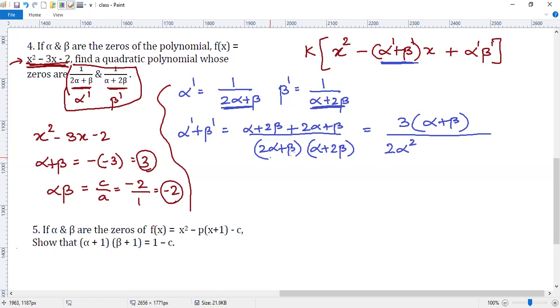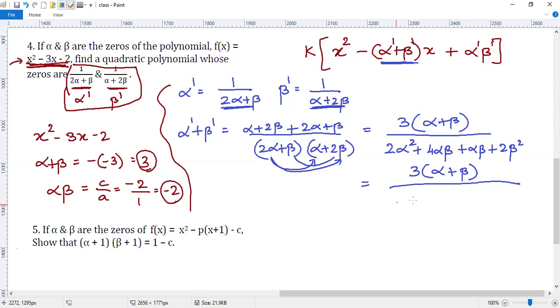This into this 2 alpha squared. திரும்ப இந்த term இதையும் multiply பண்றோம். Plus 4 alpha beta plus alpha beta plus again beta into 2 beta என்ன? 2 beta squared. Right? So இதுல எதெல்லாம் common எடுத்து simplify பண்றதுன்னு பாருங்க. Okay? So you will get it as what? 2 times alpha squared plus beta squared plus 5 alpha beta.